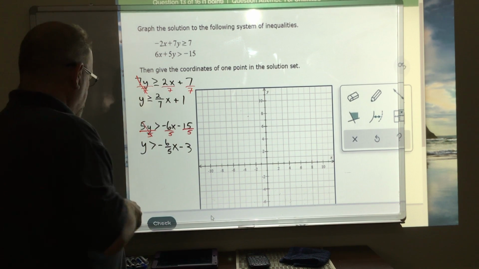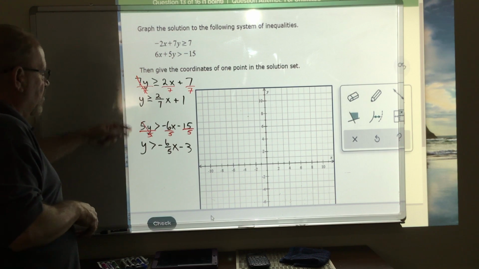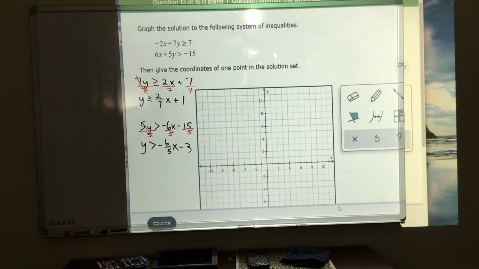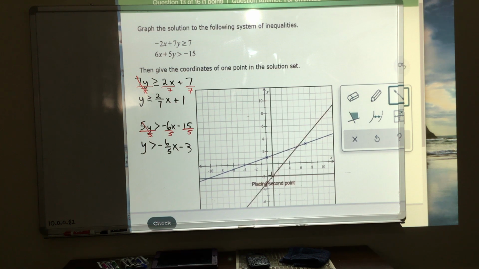Okay, now I have the two lines to graph in slope-intercept form. Plus 1, up 2 over 7. Then I have minus 3 and down 6 over 5.